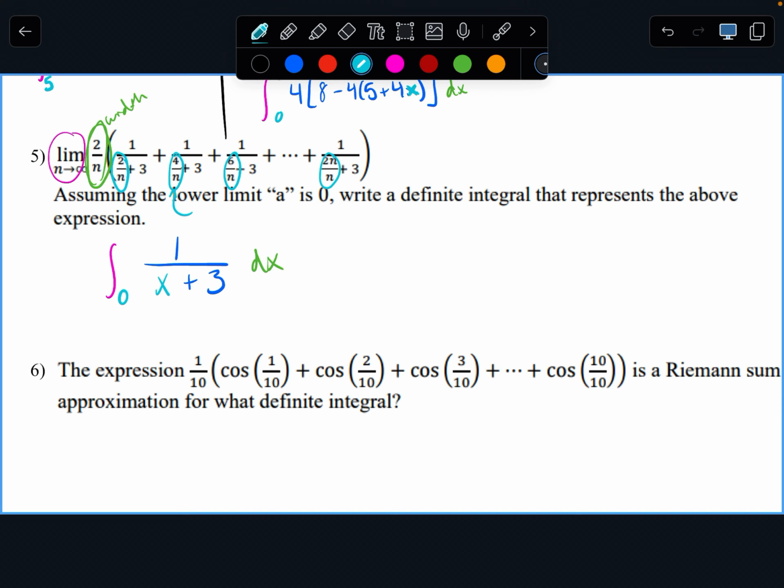It's only the 2, 4, 6 that's changing. You see how this dimension is 2, that's why it's going up by even numbers. So because of that 2, I know that I'm going to integrate from 0 to 2. My voice is slowly going away, getting nervous. That's how you get that one.